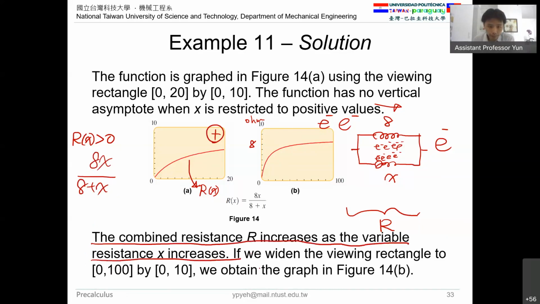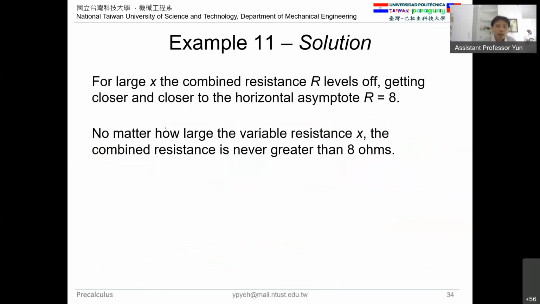And if we widen the viewing rectangle to 0 to 100 by 0 to 10, then we obtain the graph of this function here, right? So if we increase x here, it will be limited to 8, so it will not go over 8 ohms in this combined resistance here.